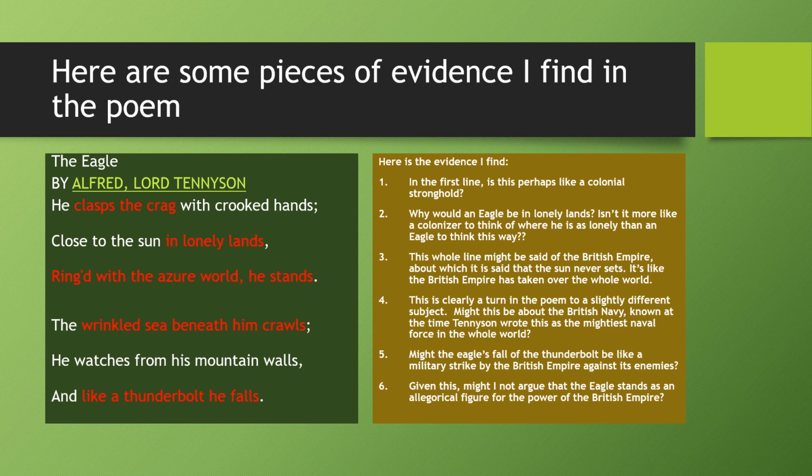And then, given all that's in this interpretation of this very short poem, might I not argue that the eagle stands as an allegorical figure for the power of the British Empire? The allegorical figure means a figure who stands in for an abstract concept. We have one in New York Harbor that you're familiar with: the allegorical figure of the Statue of Liberty.